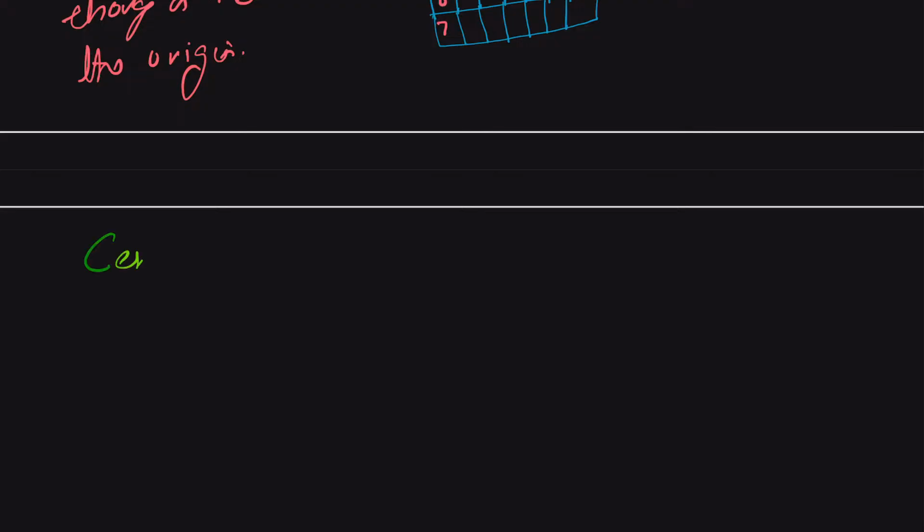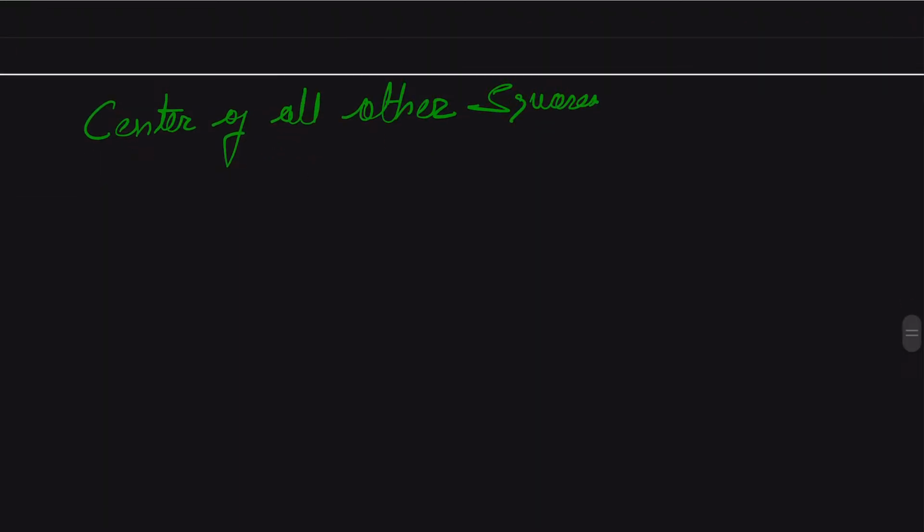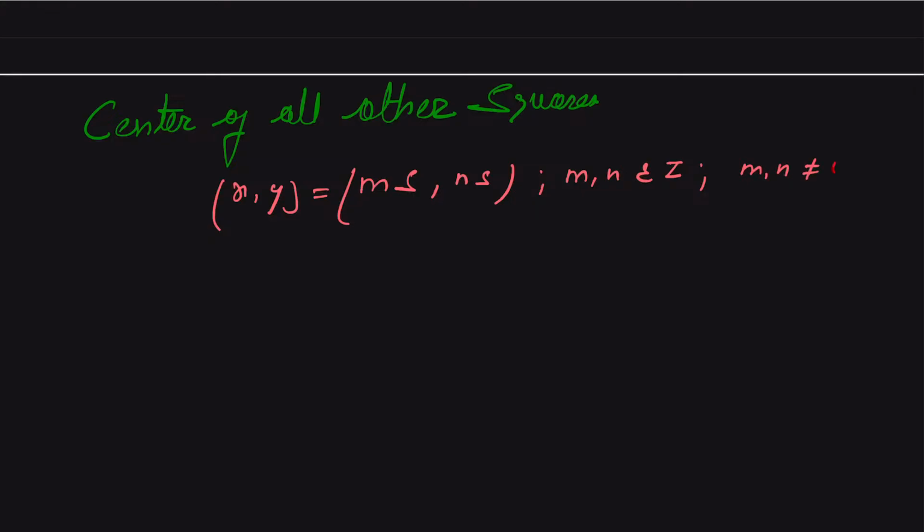Therefore, we can say that the center of all other squares, and their coordinate we can write as x comma y, and this x comma y will be equal to m times s and n times s, where this m and n belong to Z, but under the condition that m and n cannot have a value 0, 0.